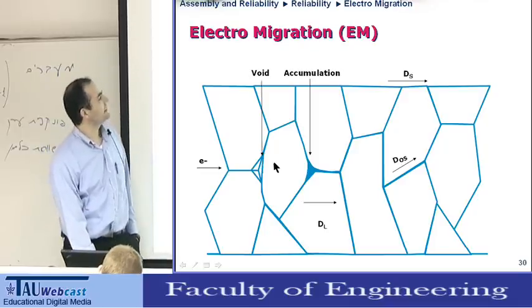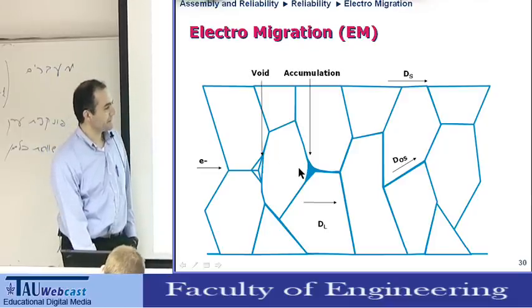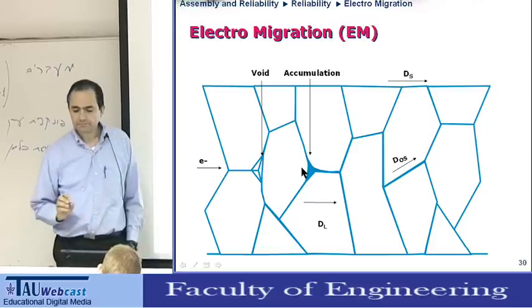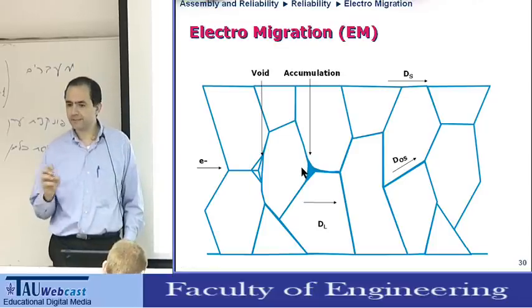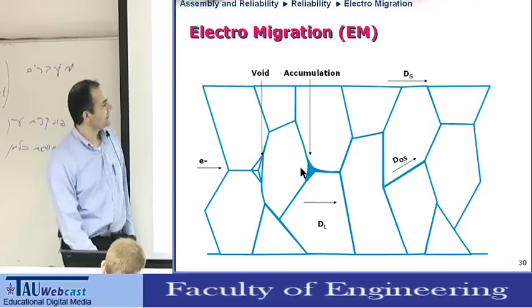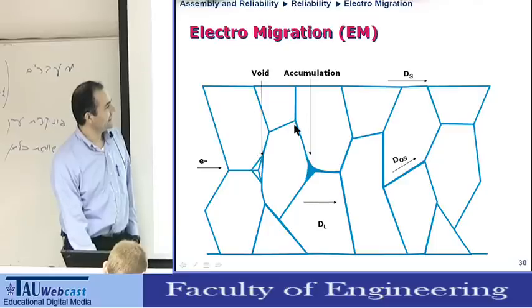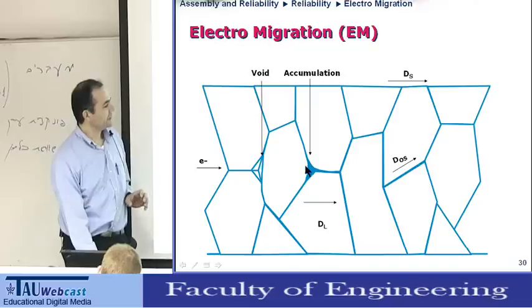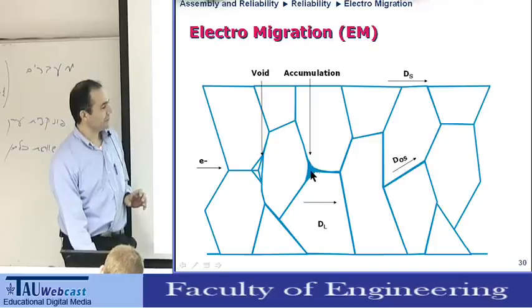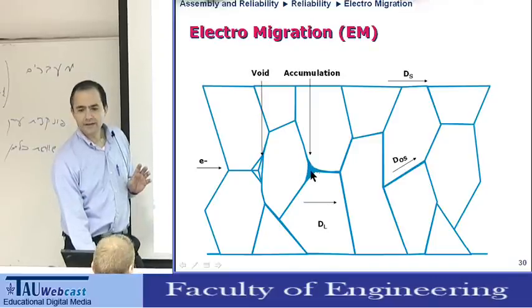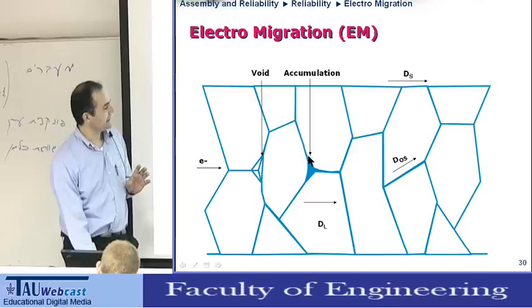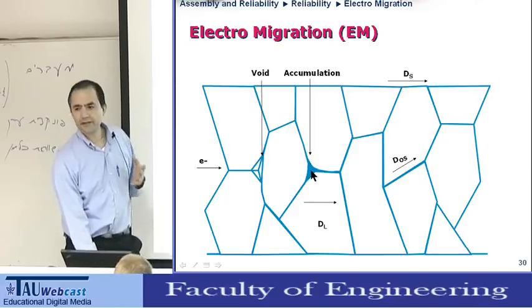And what might happen is that we have voids in the metal and voids also in the interface between the grains. And we might get accumulation of the voids in the grain boundaries. So the blue lines will be grains.